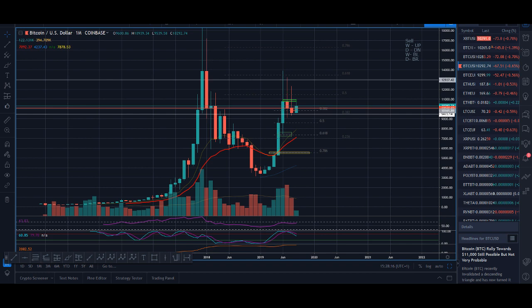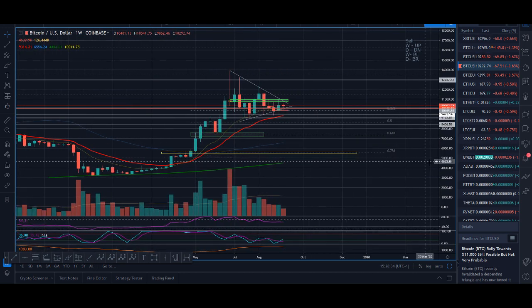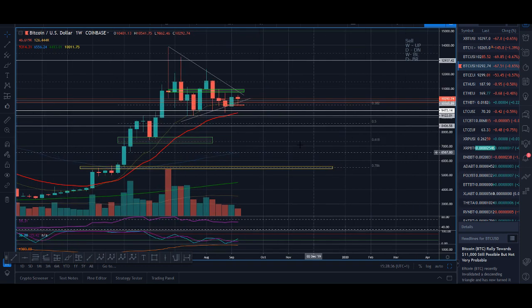So that's the first thing I wanted to talk about today, the high time frame. Once I've talked about the high time frames, then I can start to go into the lower time frame and give you guys updates on what Bitcoin is doing. So let's have a look at the weekly now that we've looked at the monthly. On the weekly time frame, what I'm looking at is this triangle structure.